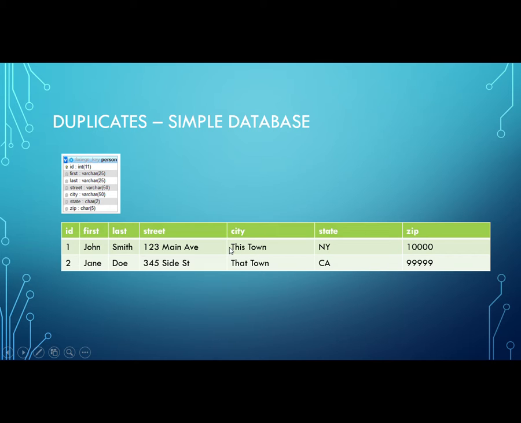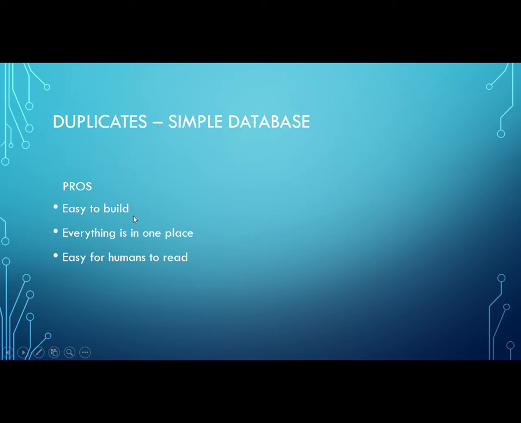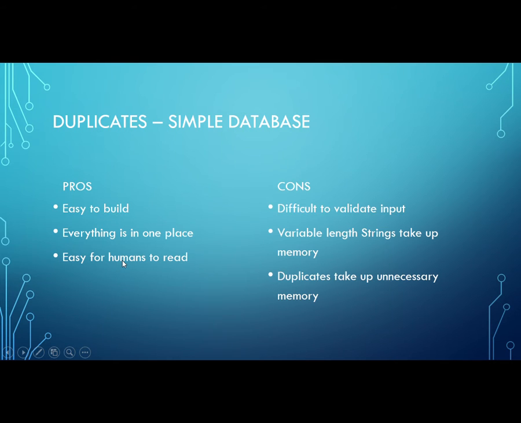But as you can see here, all of the data is in the same place, and so when it comes down to pros and cons, it's the same as the hierarchical sample. The pros are the same exact thing: it's easy to build, everything's in one place, and it's easy for a human to read. The cons, again, are that it takes up a lot of memory whenever you use those variable length fields.